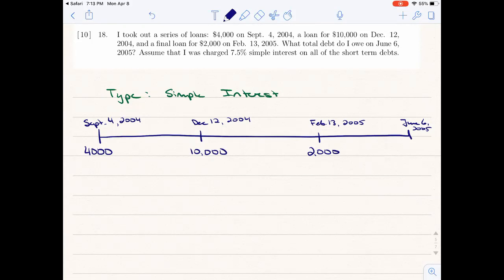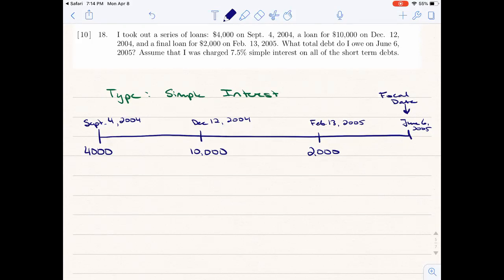So we want to know, how much do I owe on June 6th? That's what makes that the focal date.